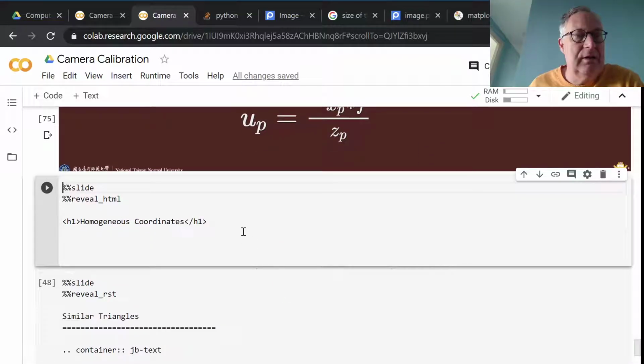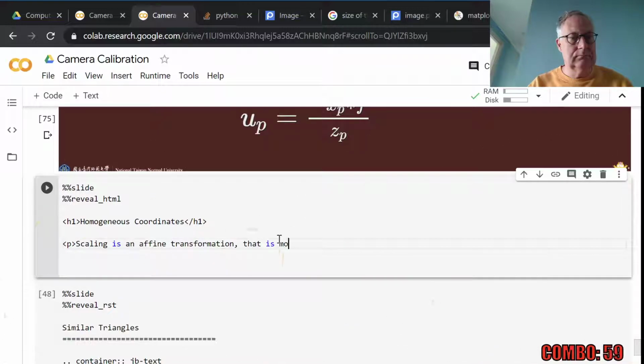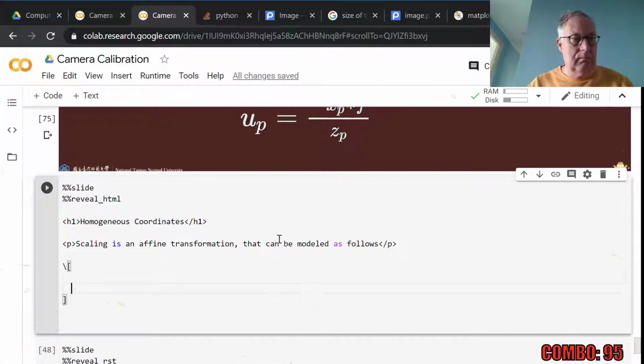So if I think about this now as homogeneous coordinates, then scaling is an affine transformation that I can model using the following transformation matrix.